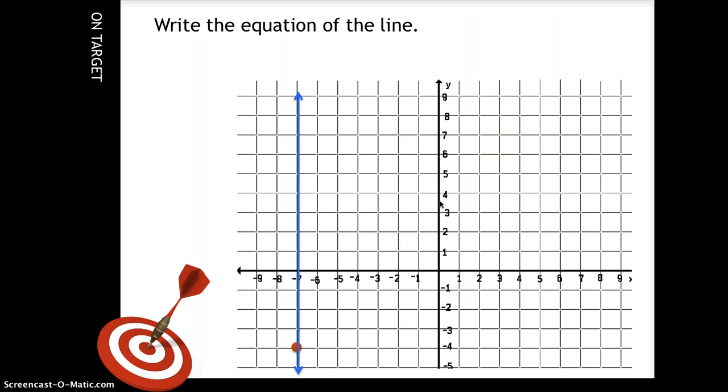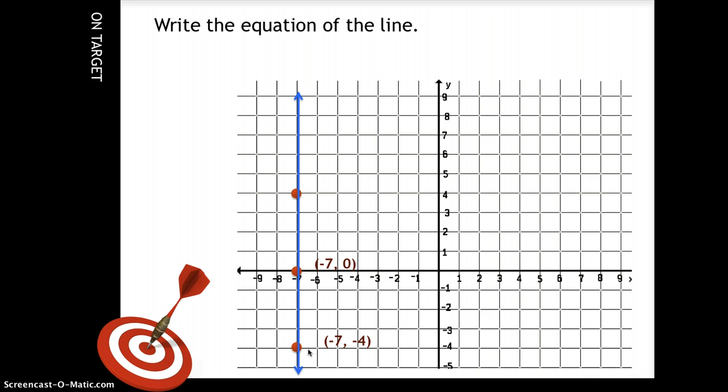I chose this point down here in quadrant 3. This point is -7 from the x-axis and -4 from y. So this point is (-7, -4). Another point is somewhere in the middle, that will be (-7, 0).